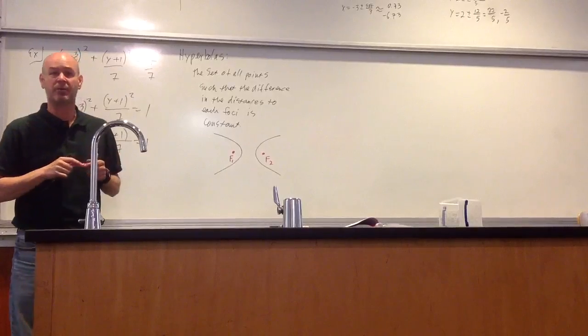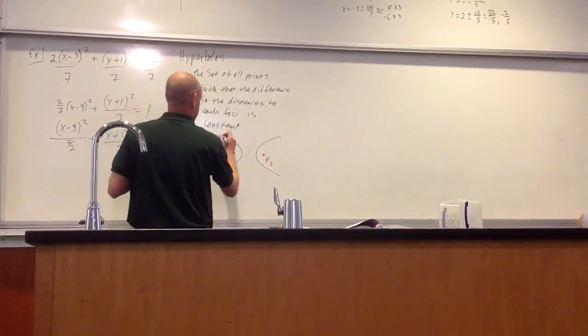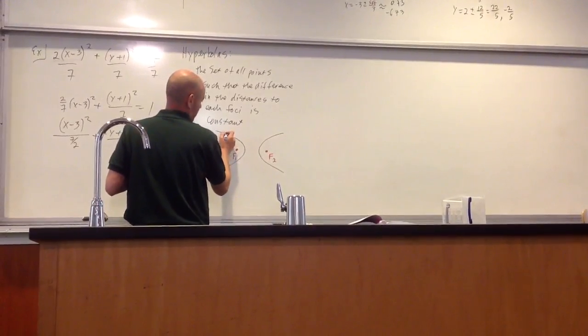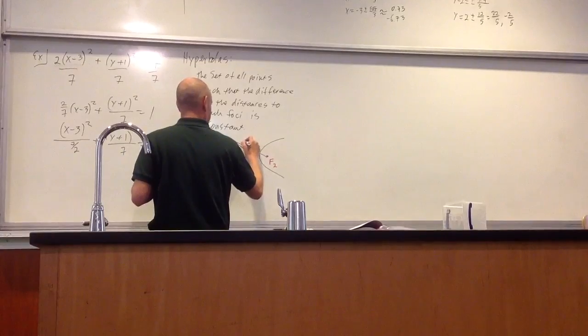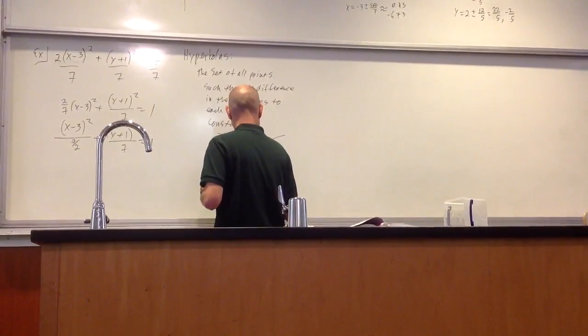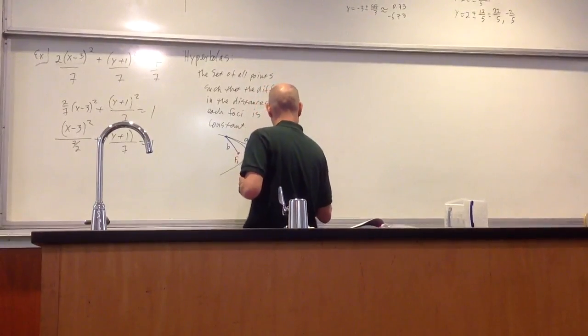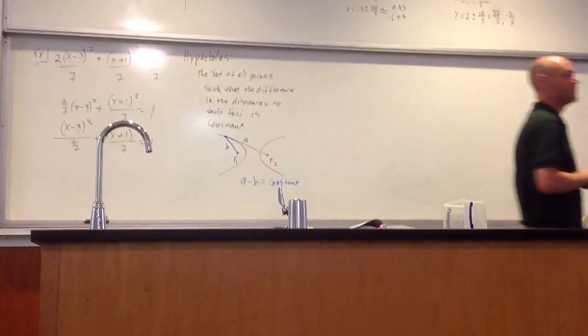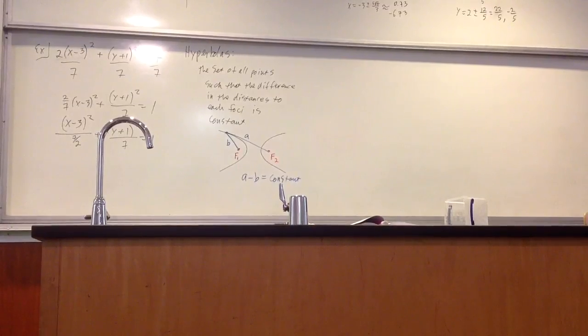So if this is my hyperbola, the definition says the difference in the distance to each foci is a constant. It's a set of all points that make that work.